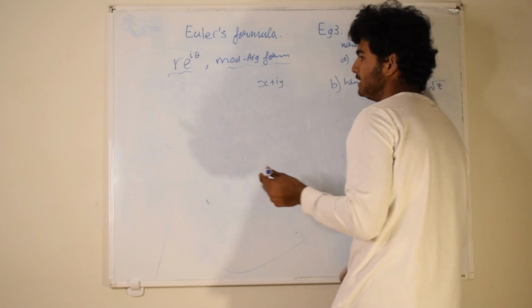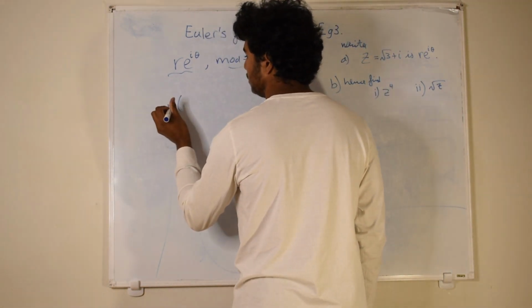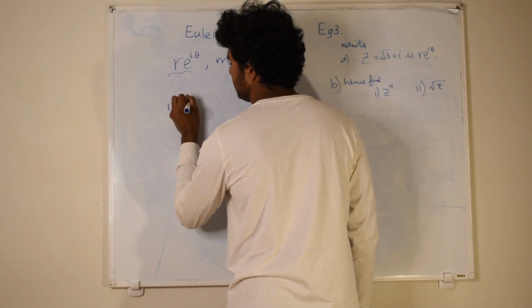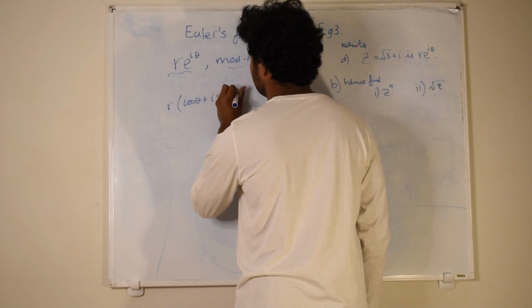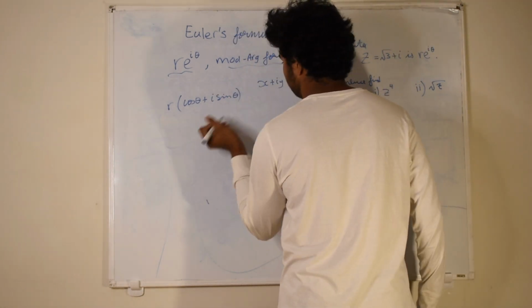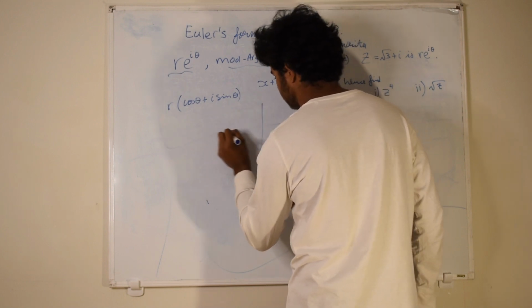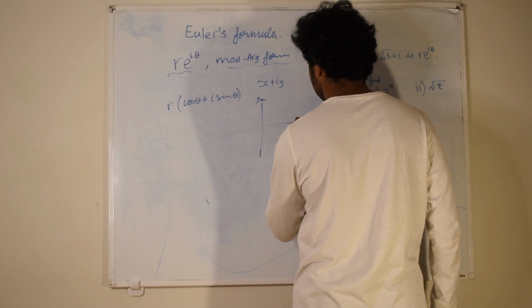This right here is very related to this. So mod arg form is basically, we can write it as r, which is the modulus, times cos theta plus i sine theta. So that is basically mod arg form. The value of r, we can get it by, if we draw up a complex plane, we've got imaginary, we've got real.